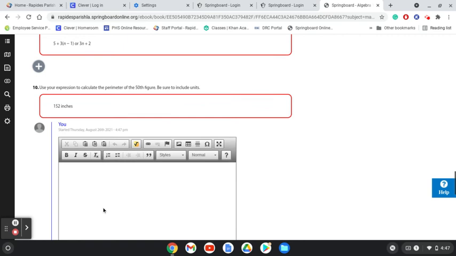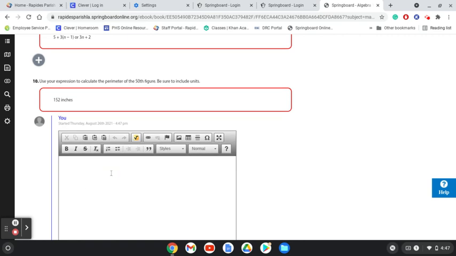So you would say 5 plus 3 times 50 minus 1. And so that would be 5 plus 3 times 49. 49 times 3 is 147.